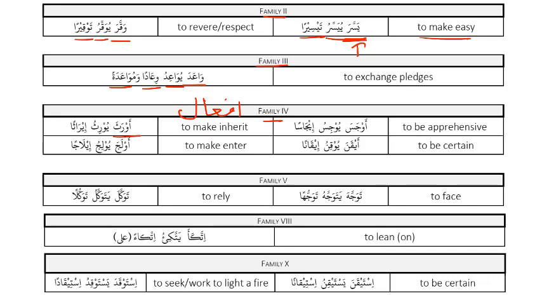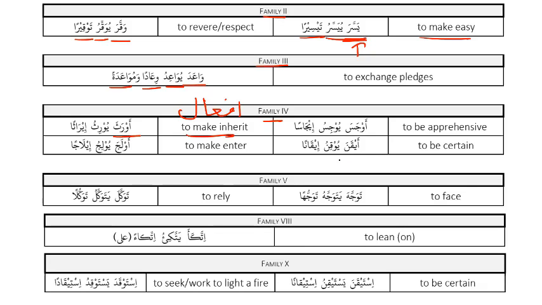Awratha. So waritha means to inherit, but awratha is to make inherit. So in Surah Baqarah, in the ayat that we'll either read today or in the next class, we'll come across this word awratha, which means to make inherit. So one is I inherit, but then another is I make somebody else inherit. This is a mithal because there is an illat in the beginning.